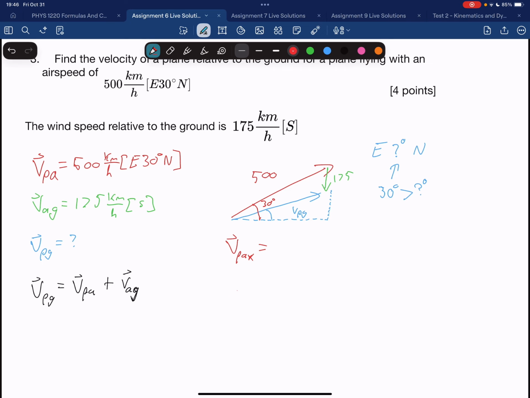VPAX is going to be 500 times the cosine of 30, which is going to give us about 433 kilometers per hour east. VPAY is equal to 500 sine 30. That's 250 kilometers per hour north.